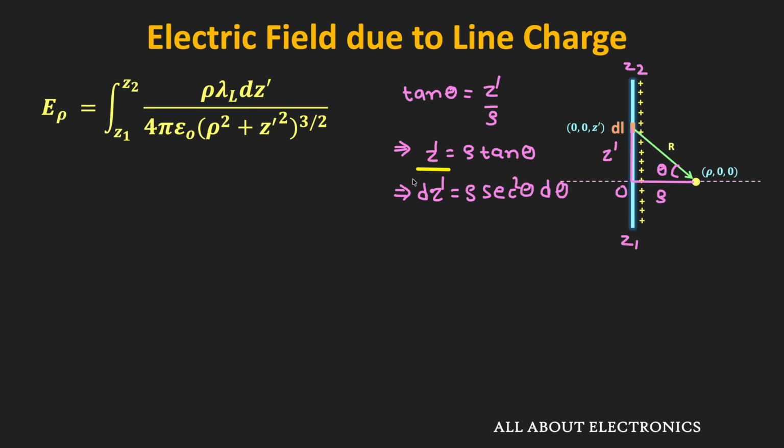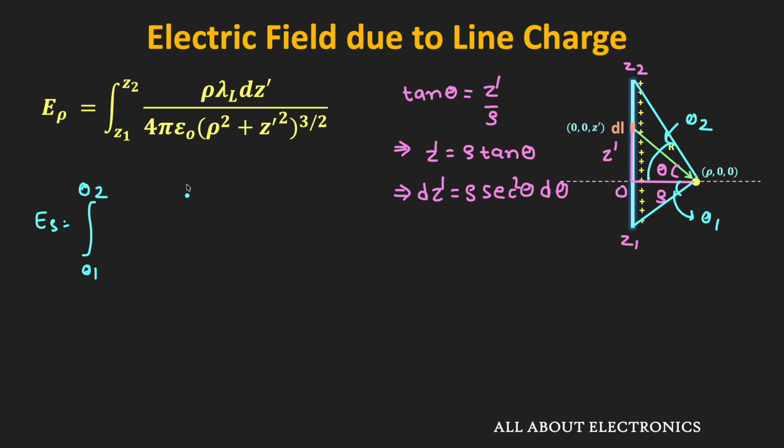So we will use this substitution. That means we will replace z dash with rho tan theta, and accordingly, the integration limits will also change. Whenever z dash is equal to z1, this angle will be equal to theta 1, and likewise, when z dash is equal to z2, this angle will be equal to theta 2. So now our new limits will be from theta 1 to theta 2.